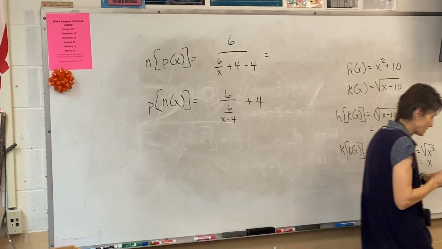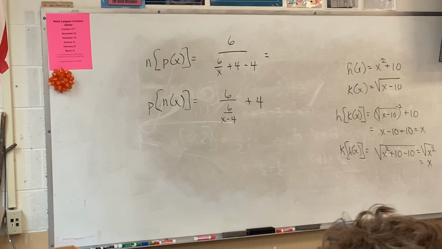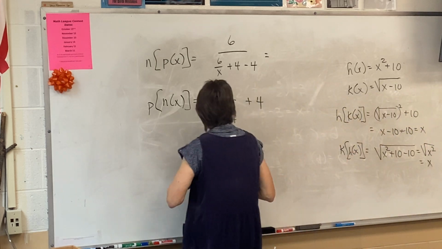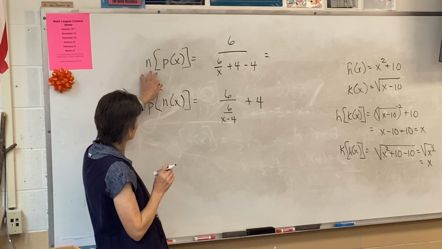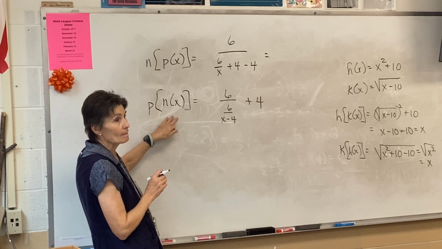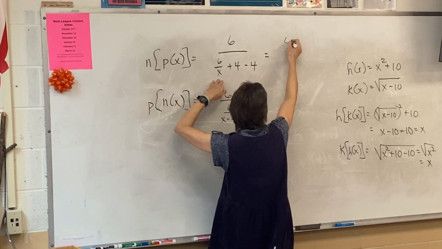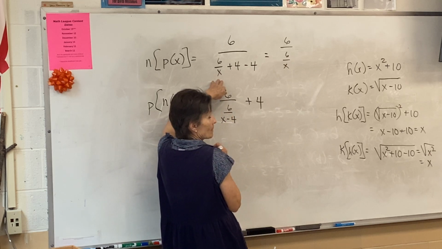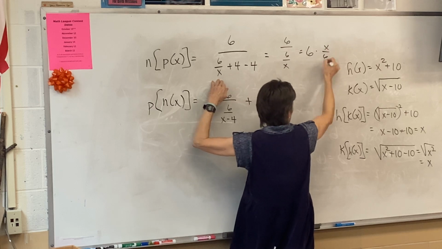Okay, when you start putting these complex fractions in here, things get a little bit crazy looking, but it's easier than you think. So first of all, did you build the compositions? So this is going to go away, so we're going to have 6 over x, which is 6 times x over 6, isn't it?